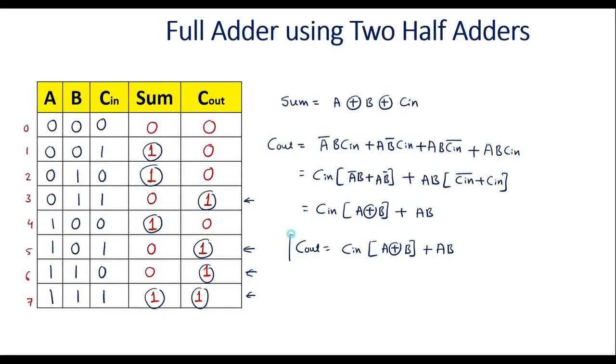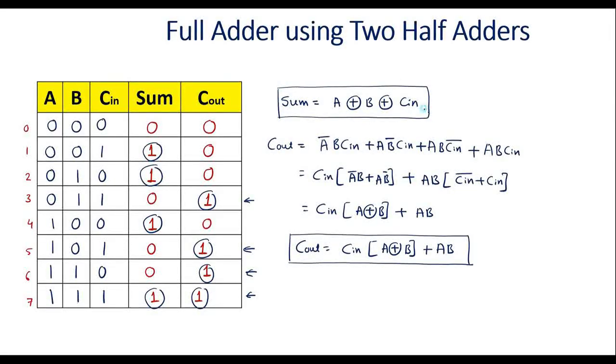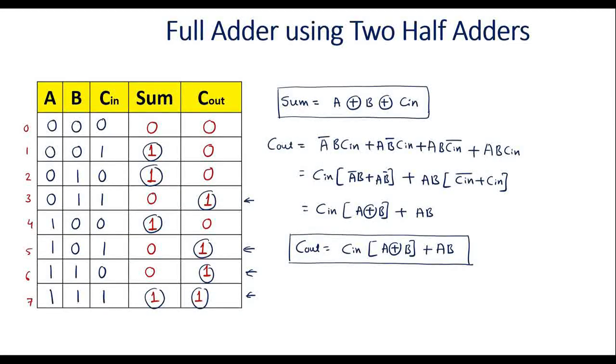So now we will use this carry expression and this sum expression to implement this using two half adders. As we know, we have already studied the half adder. A half adder circuit consists of one AND gate and one XOR gate. So here let me implement the sum expression, that is we have sum as A XOR B XOR Cin. So let me take one XOR gate.